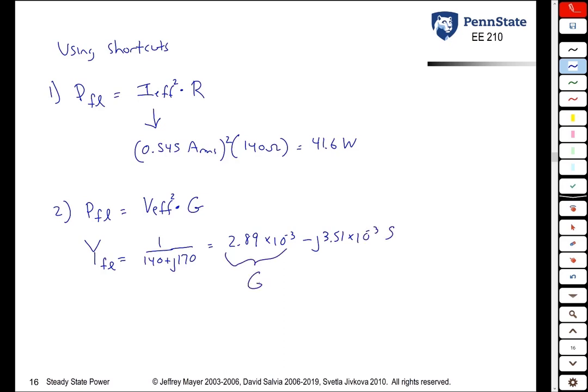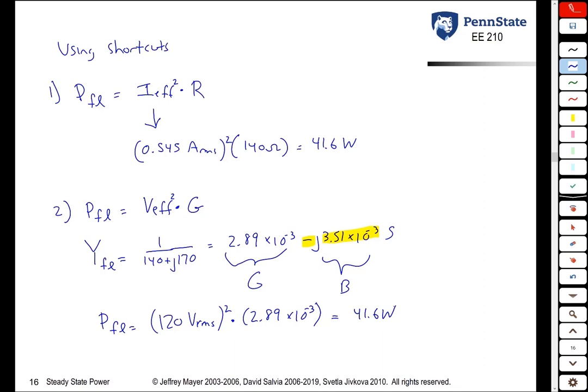So this is our G, and then our B is the minus that. So P_FL is the voltage squared times G. And you get the same answer.